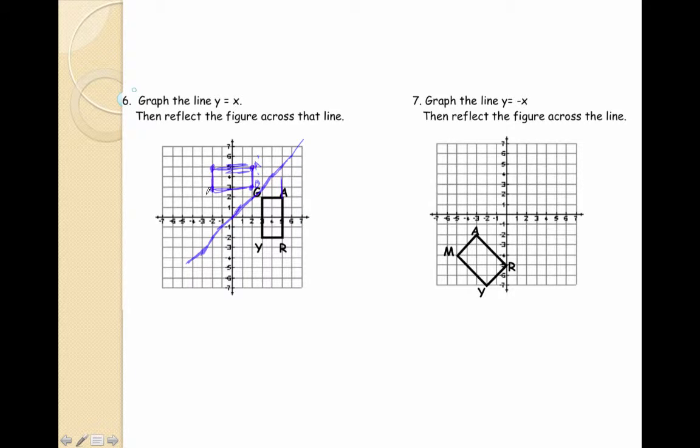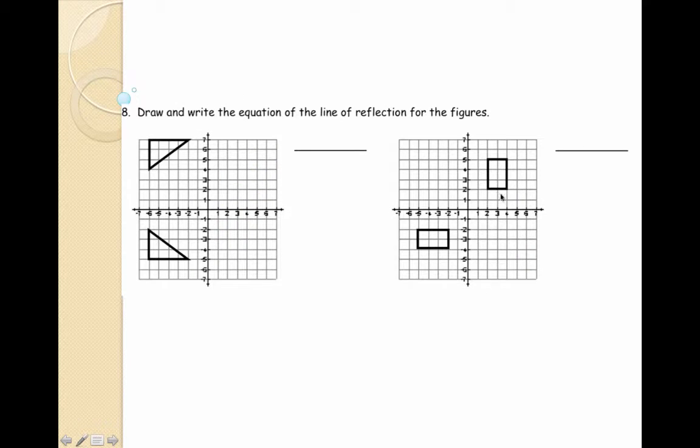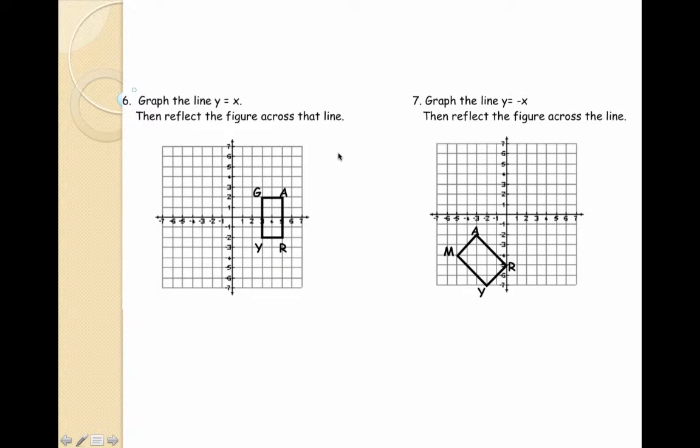And I should have put y prime, r prime. And then over here we have the line y equals -x. Having issues today. -x. Bear with me while I have pens go crazy. -x.